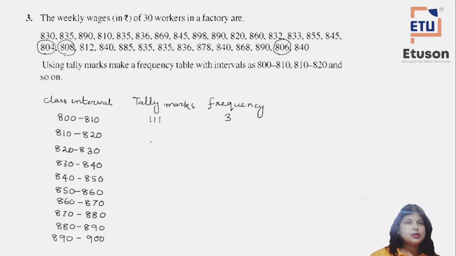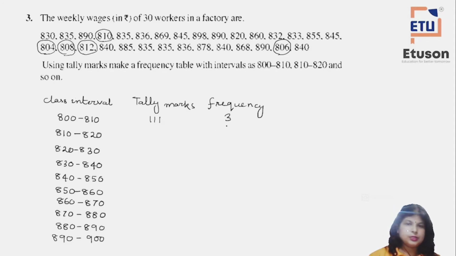Now let us go to the next interval, that is 810 to 820. The number of workers getting wages between 810 and 820. Here comes your first one, that is 810. Then after that you have 812. Anything else?